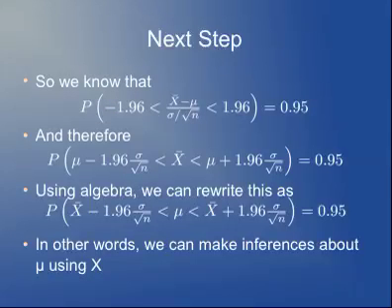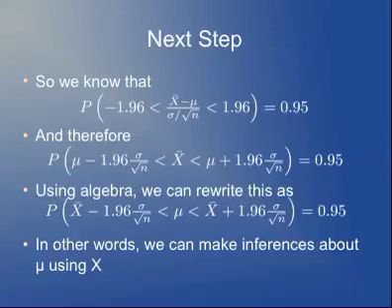Using the equation from a couple slides back, we know that the probability that this quantity x bar minus mu divided by sigma over root n is between minus 1.96 and plus 1.96 is equal to 0.95.